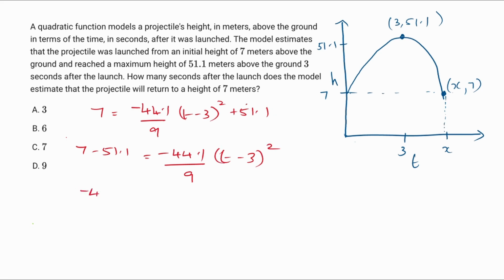So we have negative 44.1, which is equal to negative 44.1 divided by 9 times (t minus 3) the whole square. So I'm going to divide both sides by negative 44.1 divided by 9. So I'm going to get 9, which is equal to (t minus 3) the whole square. Now taking square root on both sides, I'm going to get plus or minus 3, which is equal to t minus 3.